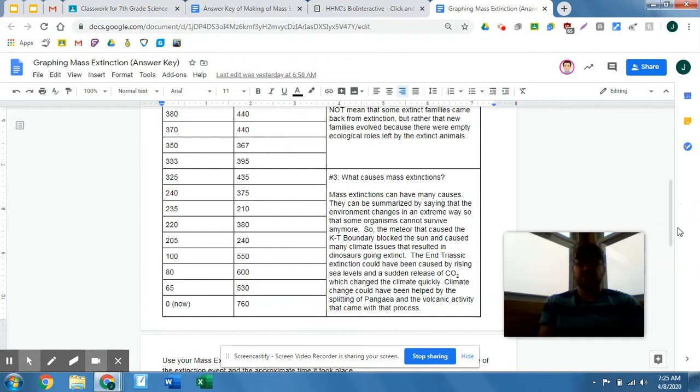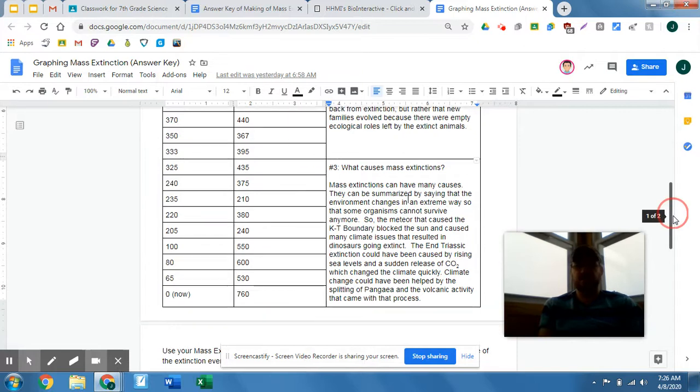And then mass extinction, what causes them? If we summarized everything we talked about in the last worksheet, really they can have many causes, but they kind of come down to environmental change. So the environment, the habitat changes pretty significantly, either in a short amount of time, like the asteroid, or over several thousand or million years, but it's quick enough that certain things can't survive anymore.